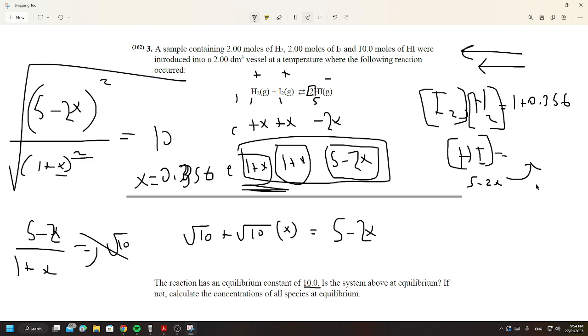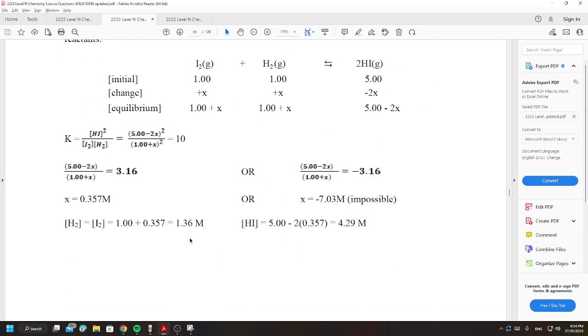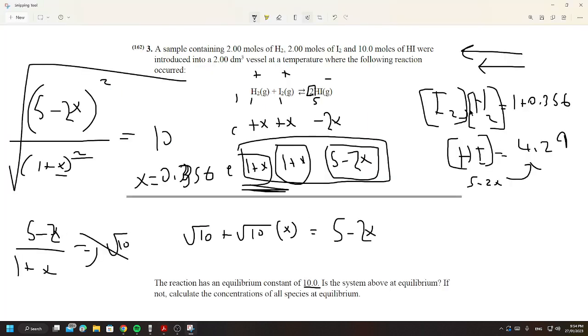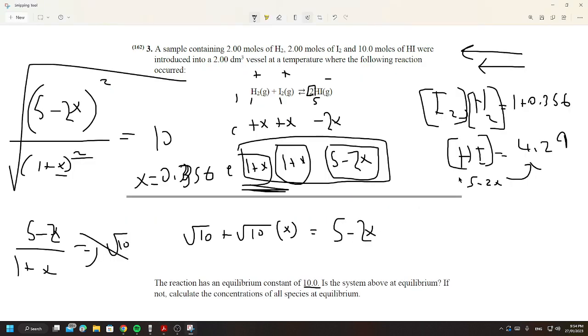We got 4.288. I'm just going to take it to three significant figures, so 4.29. Let's double check our answers. Yeah, so 1.36 for I2 and H2, and then 4.29 for HI.